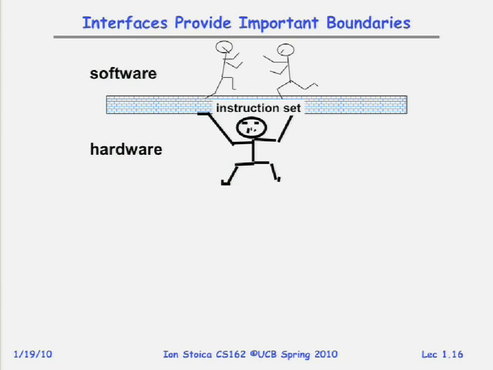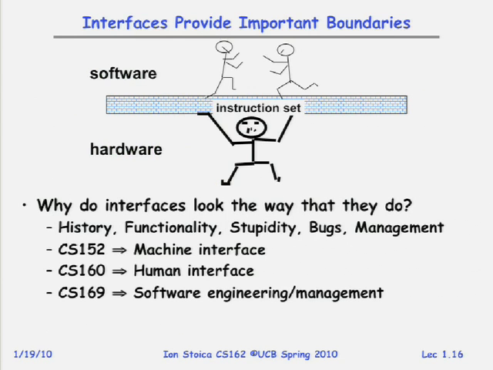So this slide makes the point about the interface between the hardware and the operating system. One part of the interface is represented by the instruction set of the machine, because this is what the operating system uses to manipulate and control the system.